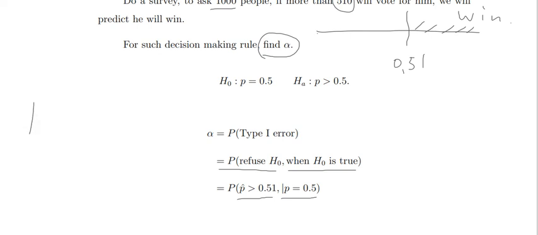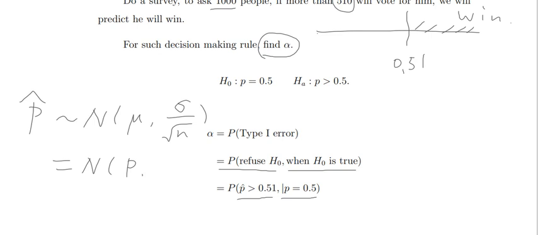P hat is just like x bar, so p hat follows a normal distribution with mean mu and standard deviation sigma over root n. For this case, mu is just p, and sigma is the square root of pq.